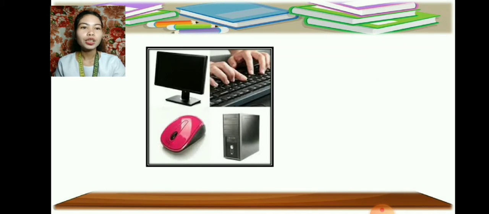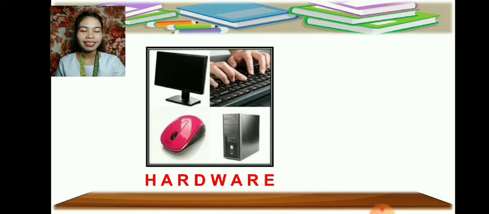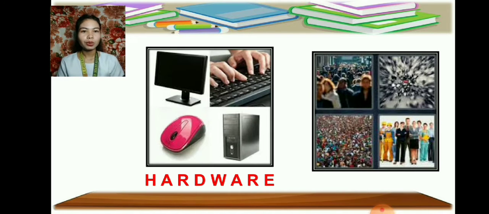For the next one, what have you observed in the picture? Keyboard, monitor, mouse, what are those? Those are the physical components that make up the ICT. What do you call those physical components? It's hardware.